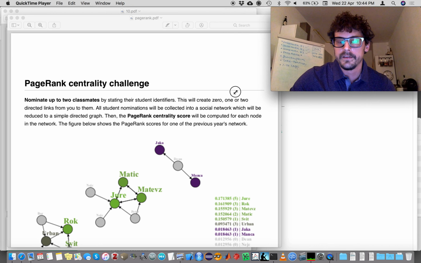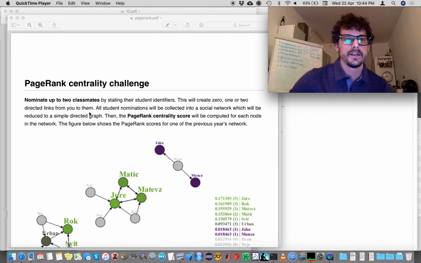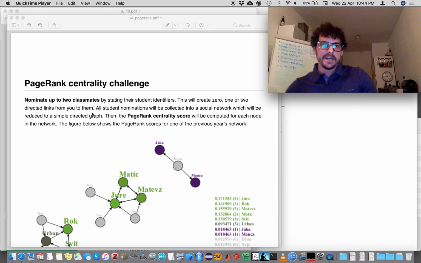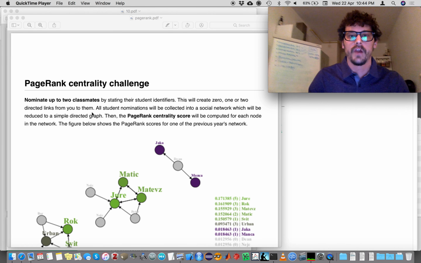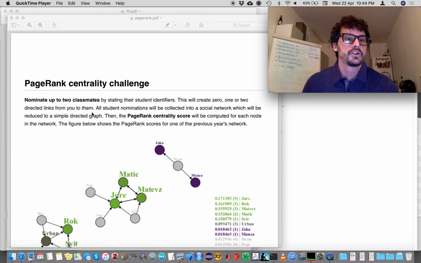This will create 0, 1 or 2 directed links from you to them, and all such student nominations will then be collected into a social network, which will be reduced to a simple undirected graph, meaning that all parallel edges and loops will be removed.